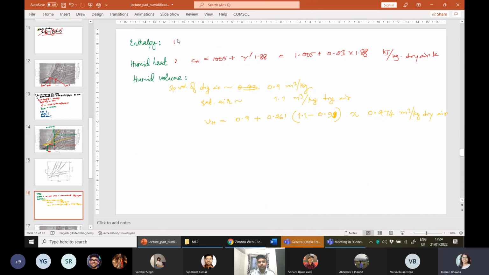So the enthalpy here is the enthalpy of the dry air plus we multiply with the percent humidity value, and then we take the difference of the enthalpy of the saturated air minus enthalpy of the dry air, the same way as we did it for humid volume. If you work out these two, it will come to around 130 kilojoule per kg. I want you to confirm this for me.